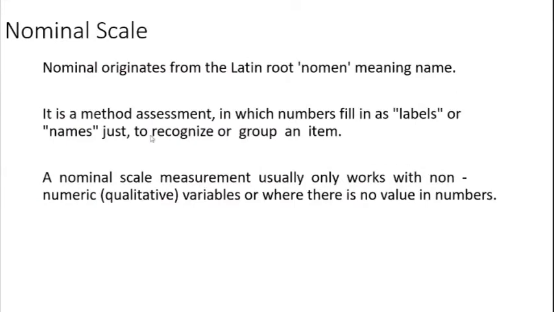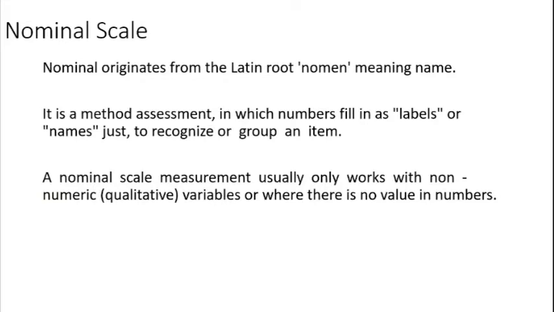We will now be discussing each type of level of measurements one by one. The first in the list is the nominal scale. The word nominal originates from the Latin root nomen, meaning name. It is a method of assessment in which numbers serve as labels or names for the purpose of recognition or grouping an item.